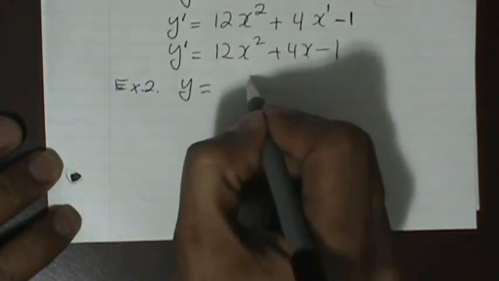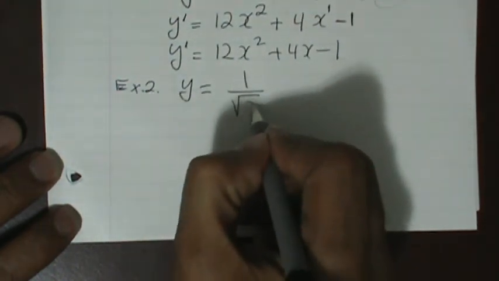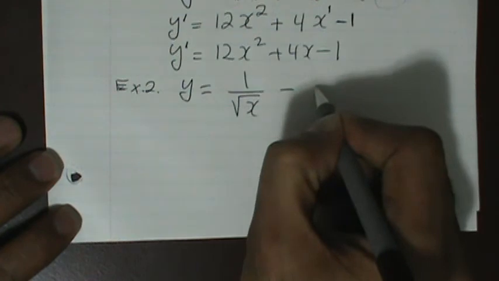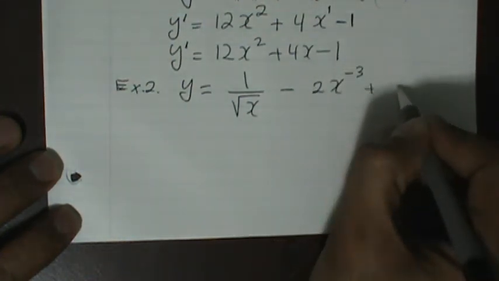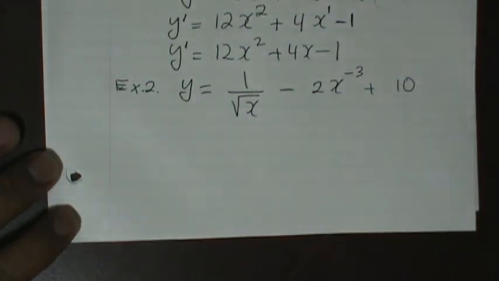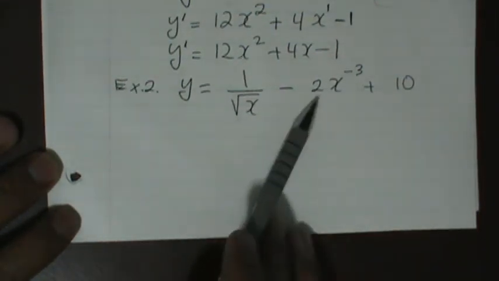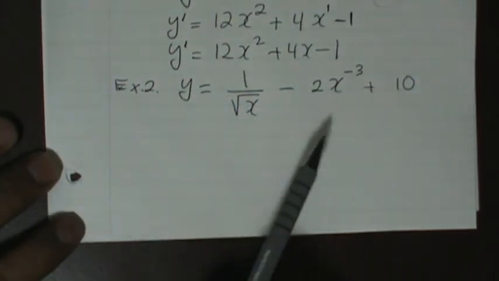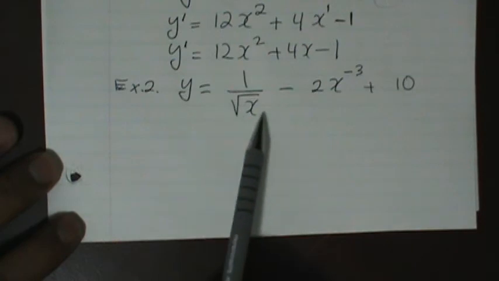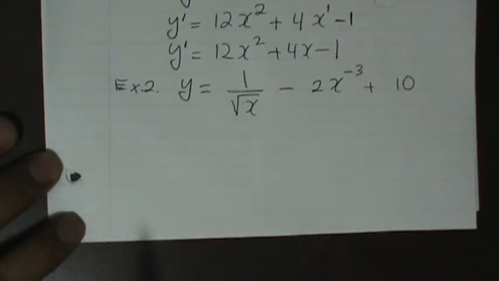Y equals 1 over square root of x, for example, minus 2x to the power of negative 3 plus a constant. So we have 3 terms, and for each term we're going to apply the power rule. But before we do that, we have to rearrange some of these terms in order to use the power rule.